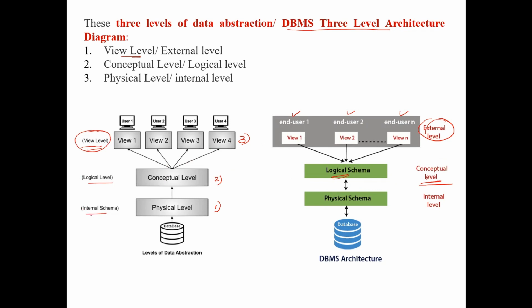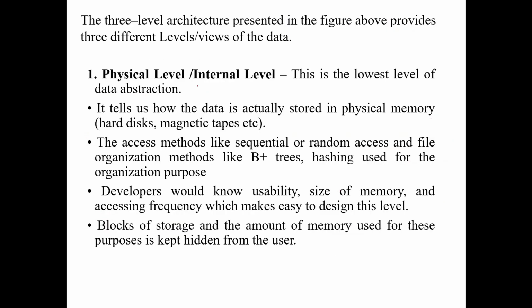Now, the third is physical level. Physical means how the data is stored in the database, physically in the form of rows and columns, if it is RDBMS. So this internal level, we call it as the internal level. So this is the complete diagram for the DBMS three-level architecture or three-level of data abstraction.